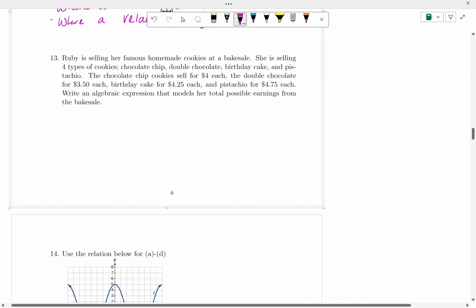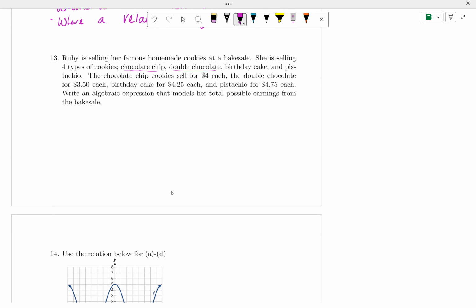Ruby is selling her famous homemade cookies at a bake sale. She is selling 4 types of cookies: chocolate chip, double chocolate, birthday cake, and pistachio. The chocolate chip cookies sell for $4 each. We should probably label these.